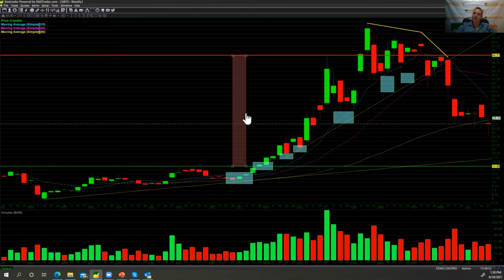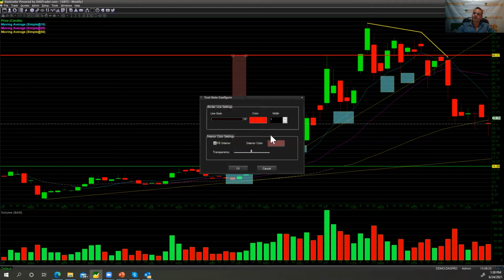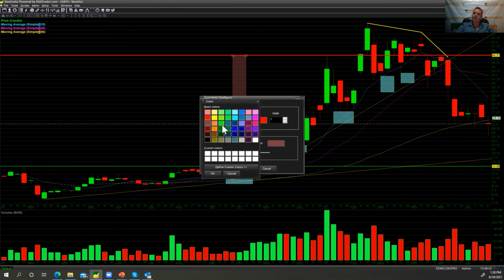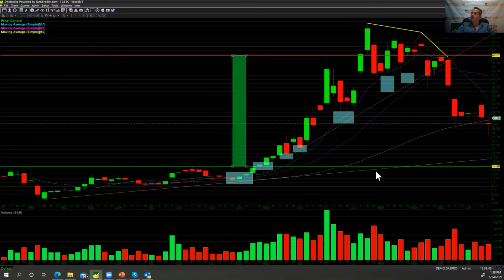So let me just make this green. The interior color should be green. And let's just put some actual numbers on here. So in this instance, you got a move from $14.86 all the way up to $48.57. That is the core move on this core trading opportunity, which was GBTC.